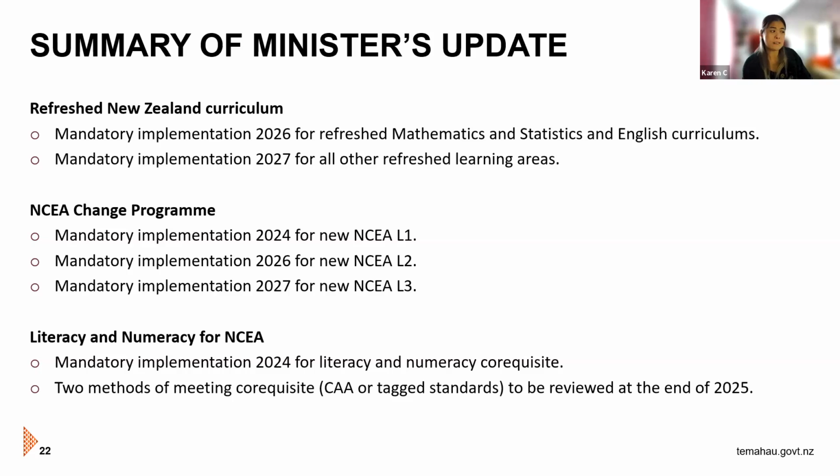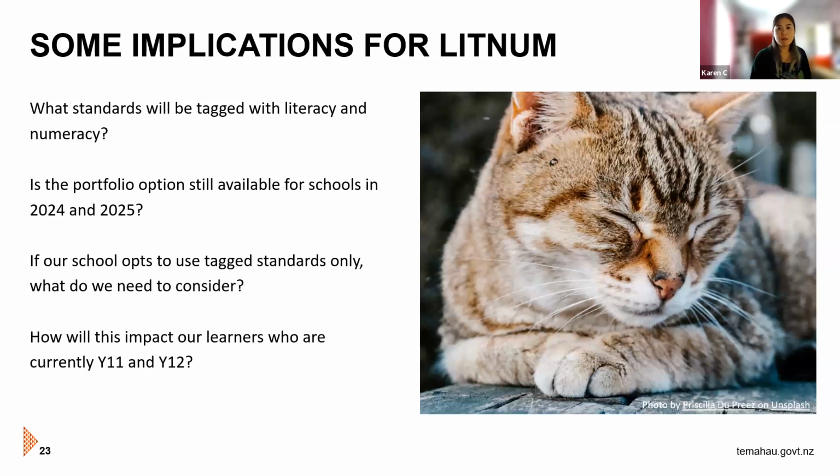The hot topic, of course, is what is the set of curated tag standards, and that is currently going through the Minister, who will have the final decision around what they are with advice from the Ministry. The announcement will have obviously some implications for literacy and numeracy.